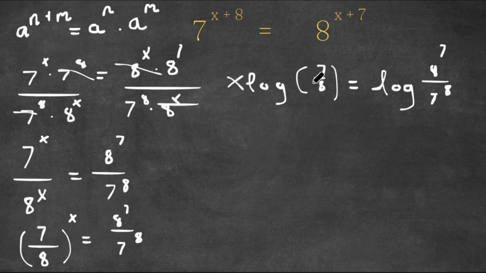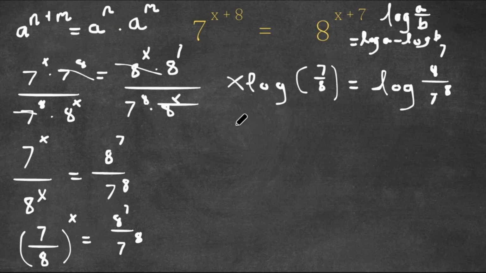And if we have something in the form log a over b, this is equal to log a minus log b.